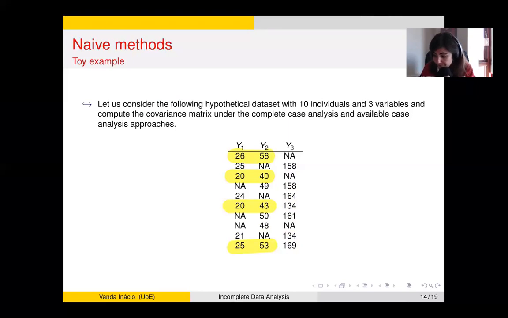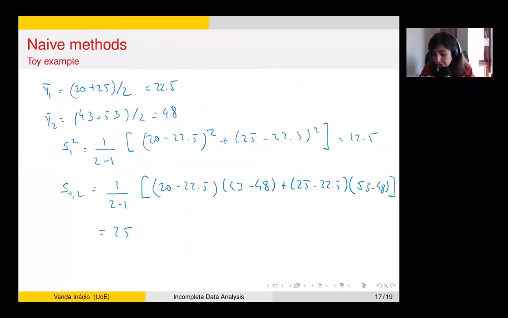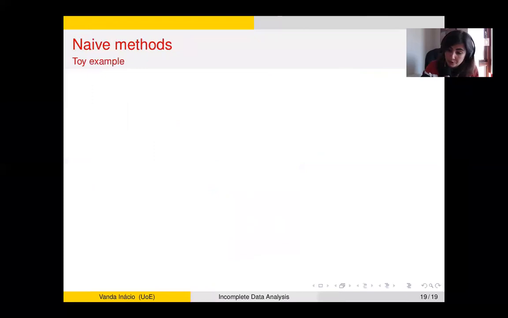That have complete information on both y1 and y2. And now what I will need to do is again to recompute the mean of y1 using only these 4 individuals, the mean of y2, and then I can compute the sample covariance between y1 and y2.